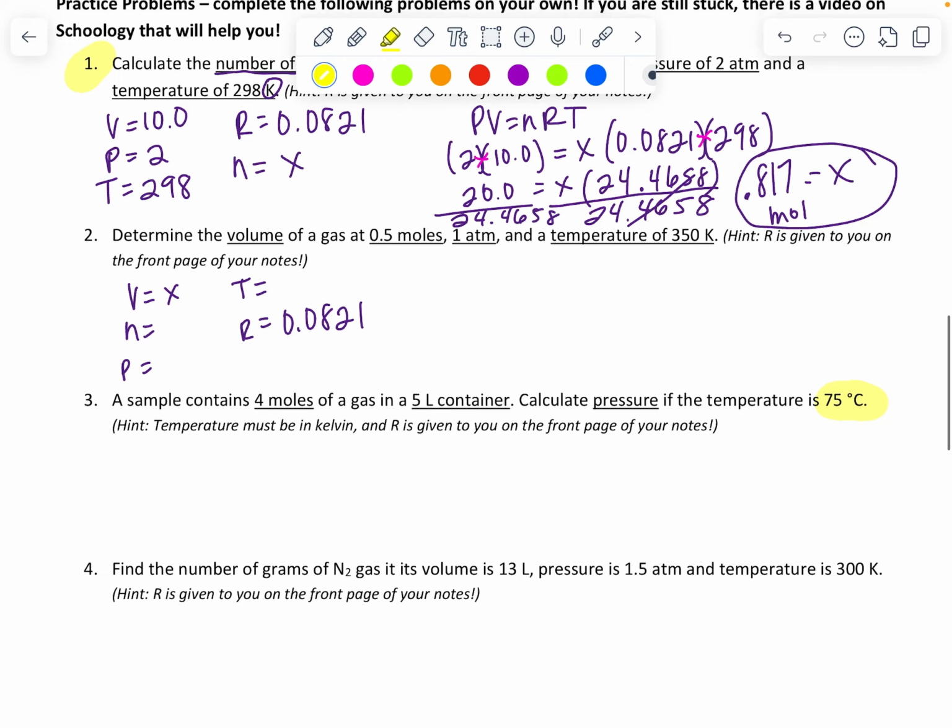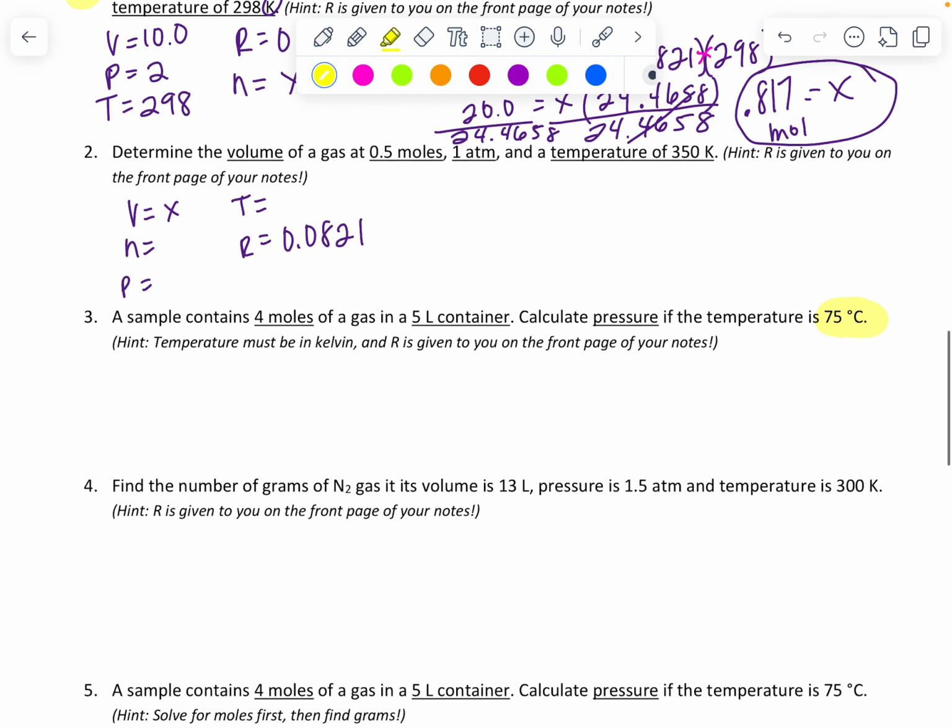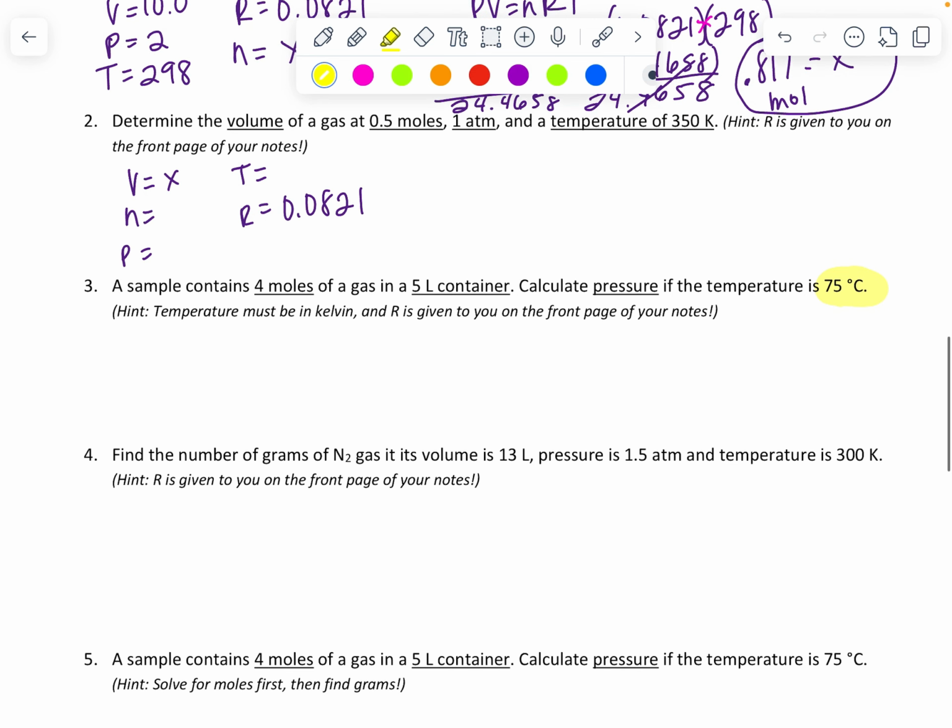Then number 4, I think there's another Celsius. Actually, this question is the same as number 3, so we're just going to cross through that one. It's just a little typo. So number 4, the only thing that's a little bit different is it's asking you to find grams.